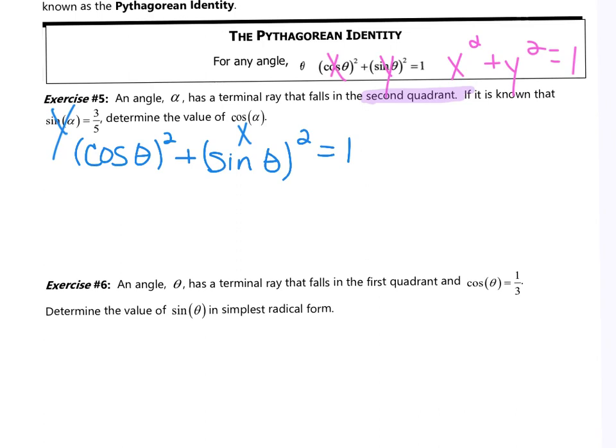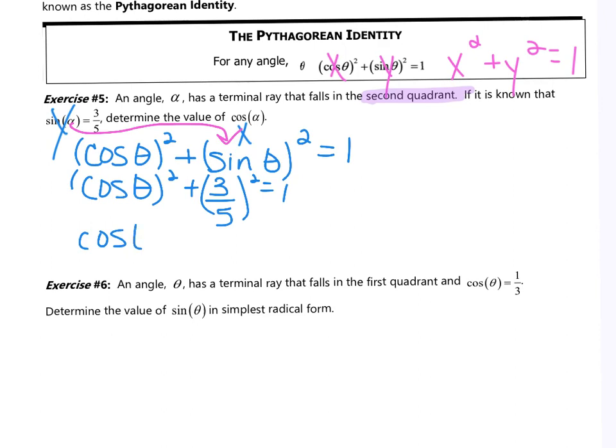I am now going to plug in my sine. Now I'm writing the cosine of theta squared again, but really we're going to just treat it like an x. So I have 3/5 squared, so I'm going to square that, so I get 9/25 equals 1.